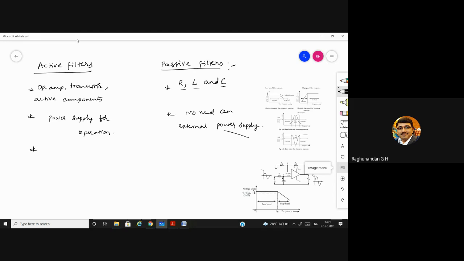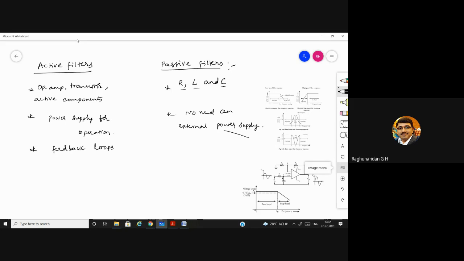After this, if you are using active filters, then you need to have feedback loops for withstanding or to adjust the higher gains and all. Otherwise, that might destroy the device.